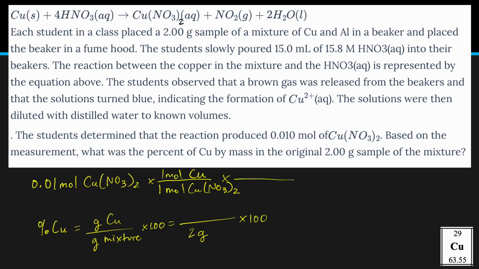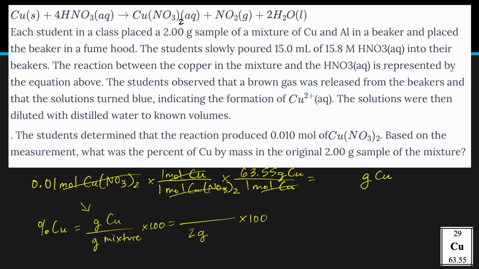And then finally, in my equation that I need to solve, I need grams of copper. So I know for every 1 mole of copper, I have 63.55 grams of copper. So let's make sure our units cancel out. Moles of copper(II) nitrate, moles of copper, it's gone. We're going to be left with grams of copper.